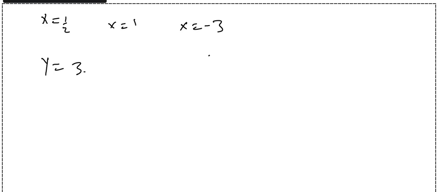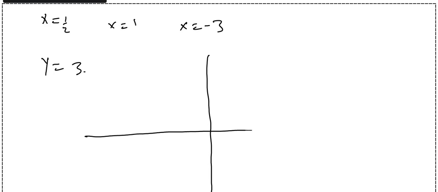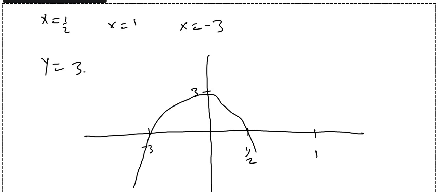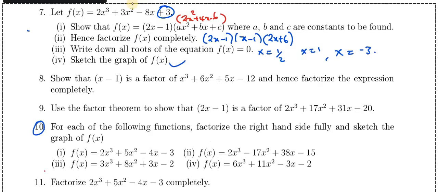So if you have to touch these 3 points, there's half, then there's a 1, then there's a 3 here, right? So how else can we touch them? We have to move like this, something like this, then it goes like that. So this is how the graph of the function on question 7 would look by the time you are done.